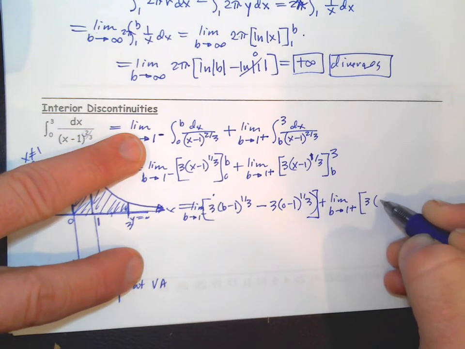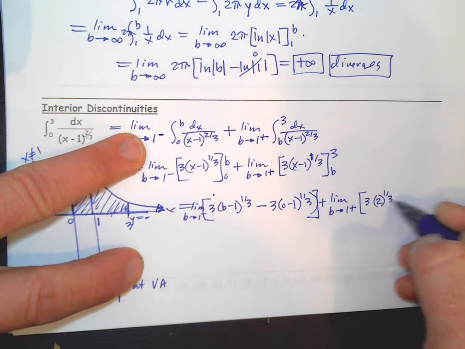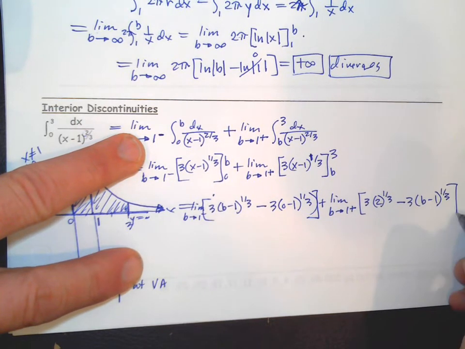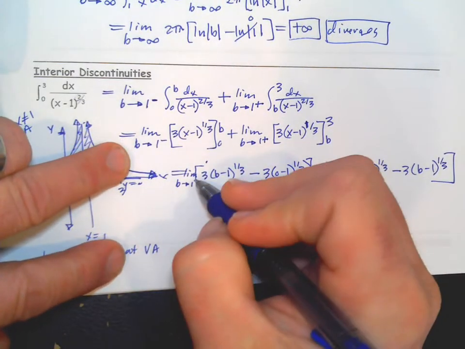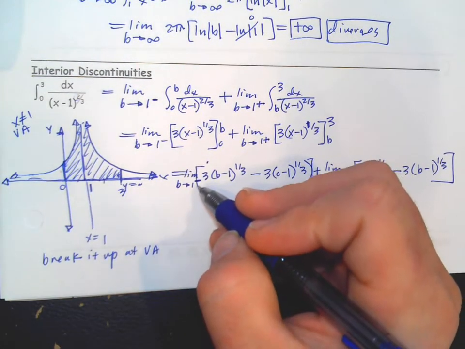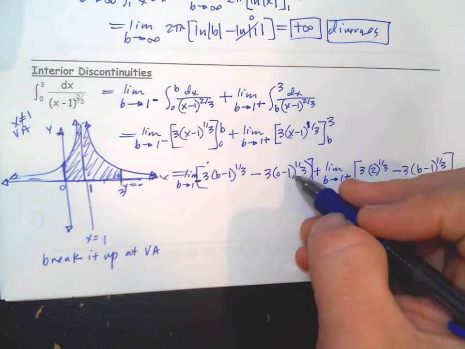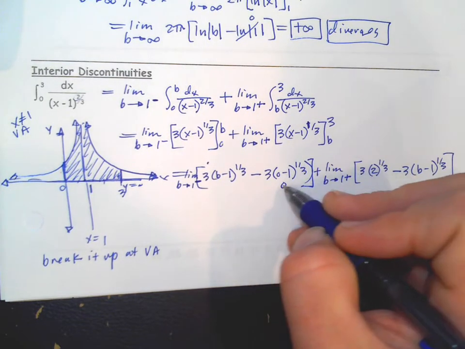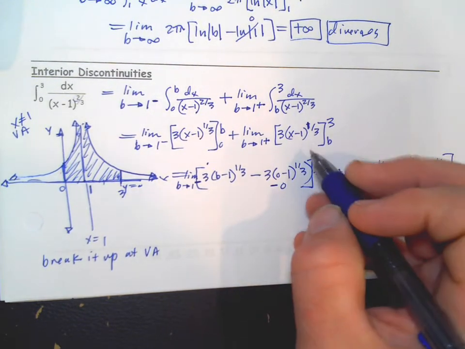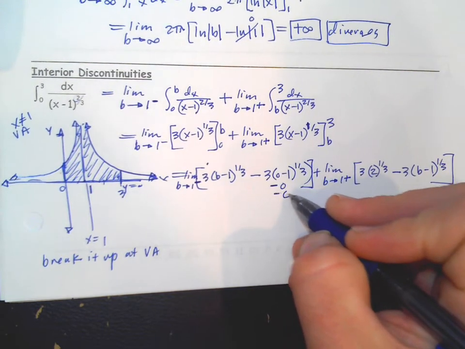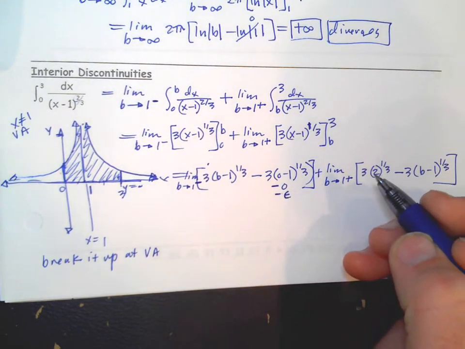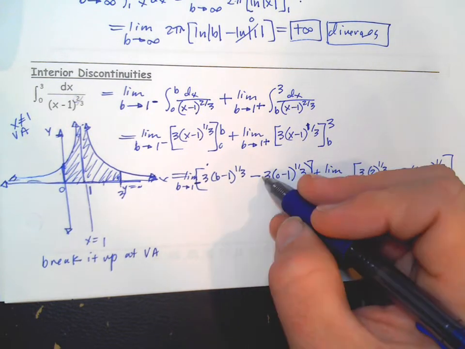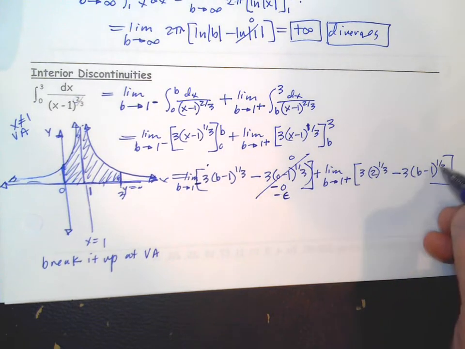So you plug a 3 in here, you're going to get 2 to the 1/3. Now, what happens when you plug something really close to 1 on the left side of 1, like 0.999, in here? It's going to be a very small amount, and it's going to be negative. Sometimes we use a symbol like this to represent a very small quantity. So it's going to be tiny. And something tiny to the third power multiplied by 3 is essentially 0, right? The same thing happens over here.